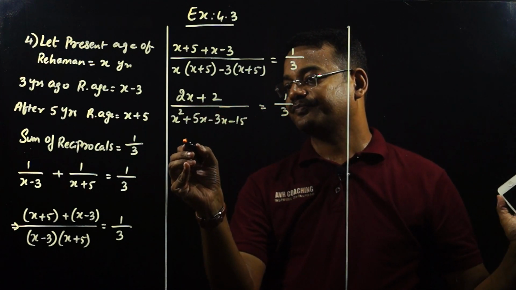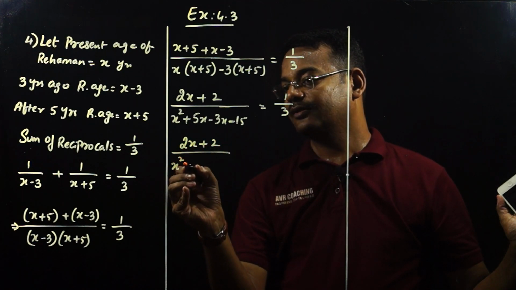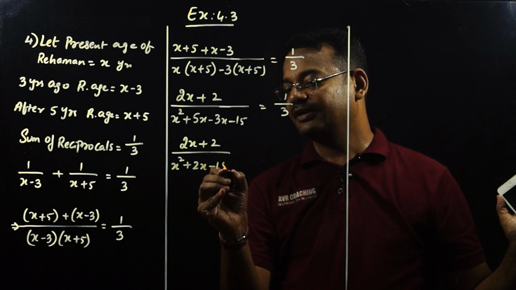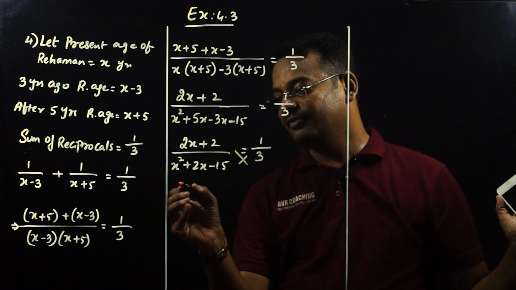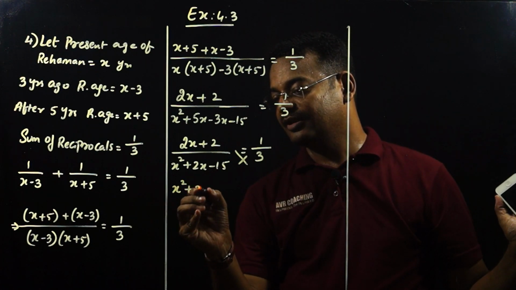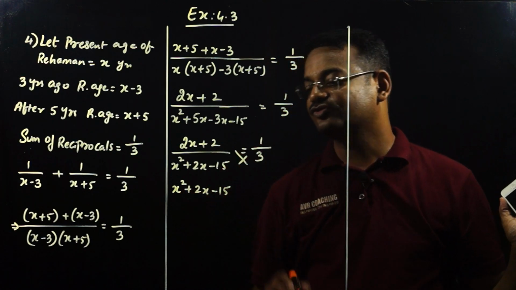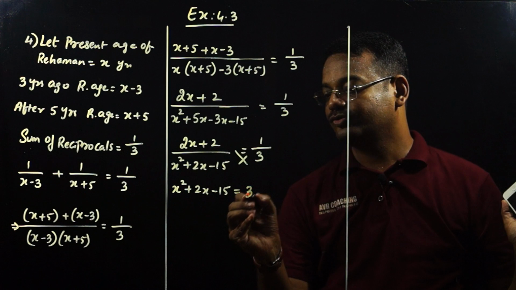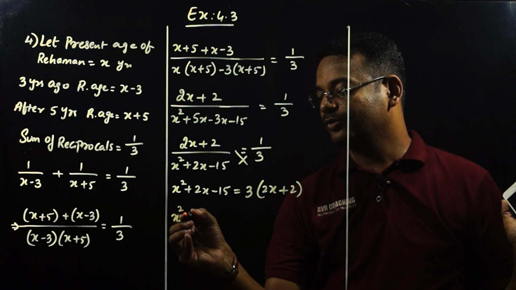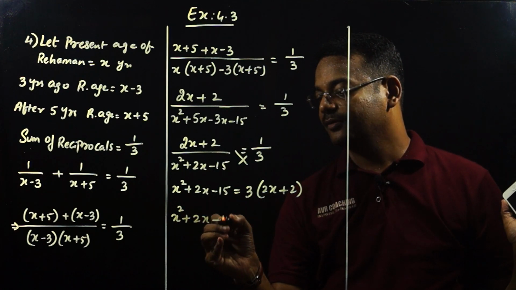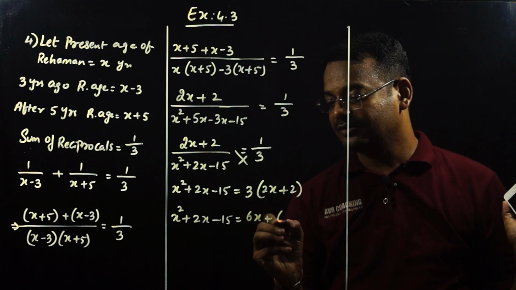So this is 2x plus 2 by x square plus 2x minus 15 equal to 1 by 3. If we cross multiply, x square plus 2x minus 15 into 1 is equal to 3 into 2x plus 2, so x square plus 2x minus 15 is equal to 6x plus 6.